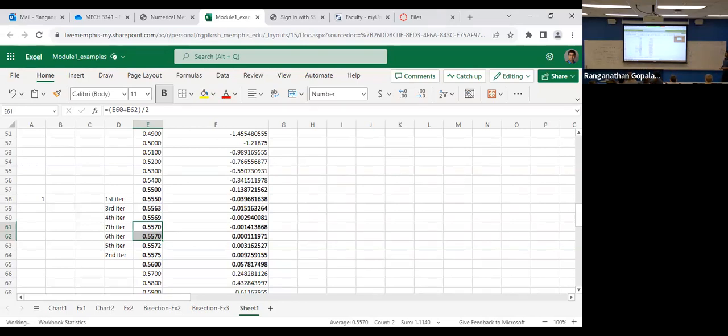If I ask you to write the same answer down to 3 significant figures, what will you write? 0.557. 0.557 has 3 sig figs. Of course, if this were a 5, you would round it off as 0.558 and write it as 3 sig figs.